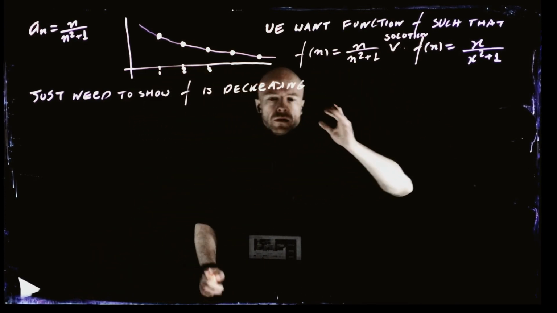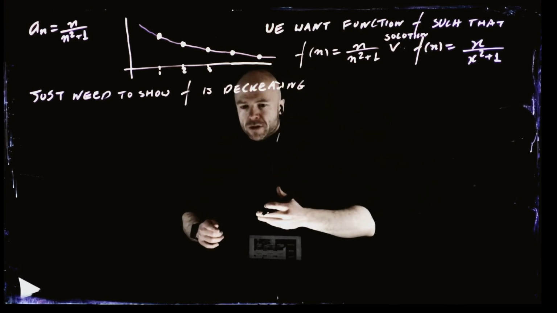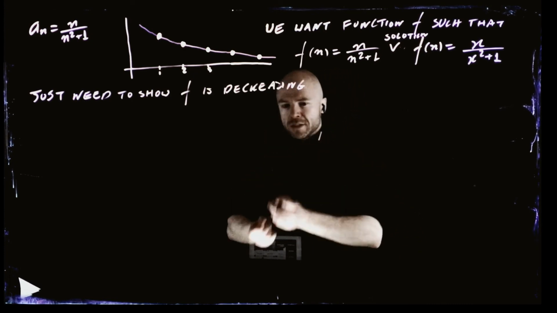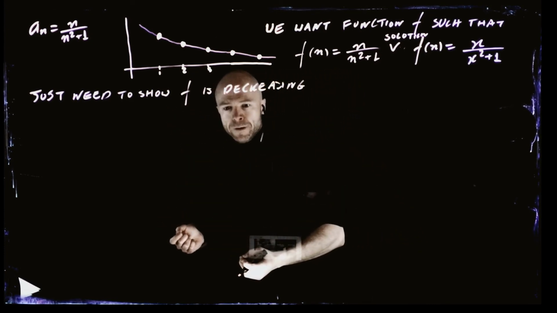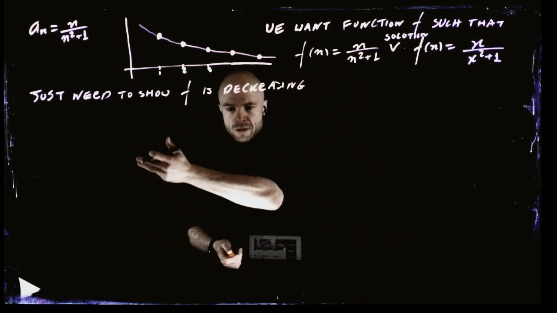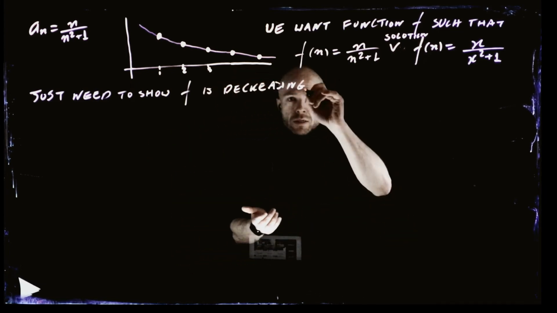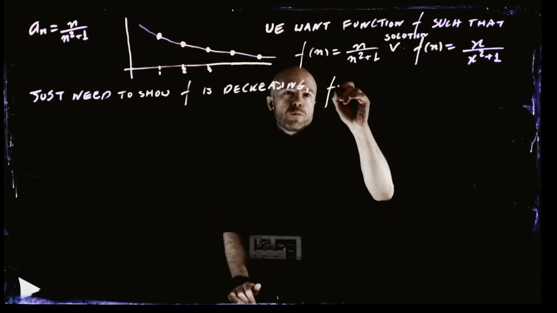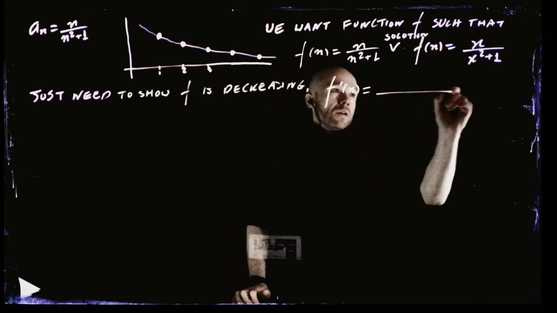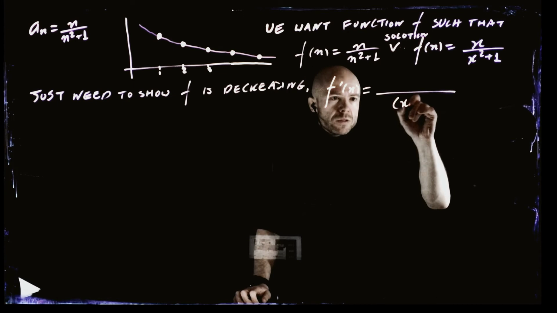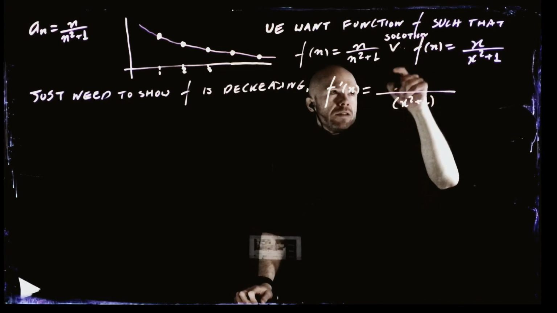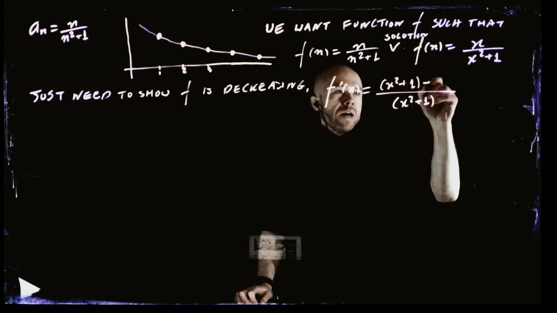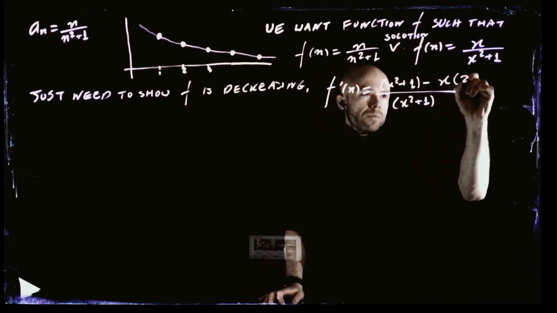And now we can use the power of calculus, because calculus allows us to calculate the derivative, see the sign of the derivative to determine if something's decreasing, yeah? And that is much easier than this sequence of inequalities that I did before, because we know how to calculate derivatives. So f prime of x, it's the quotient rule, put everything onto the bottom squared, differentiate the top, we just get 1, leave the bottom alone, x squared plus 1, minus, leave the top alone, differentiate the bottom.